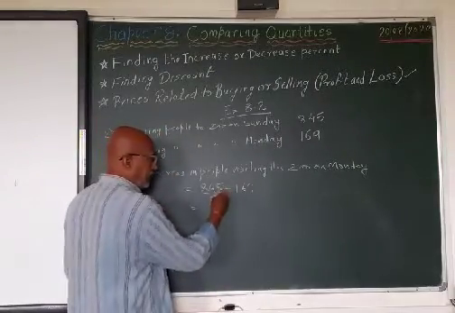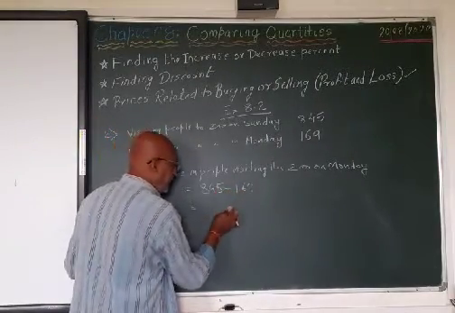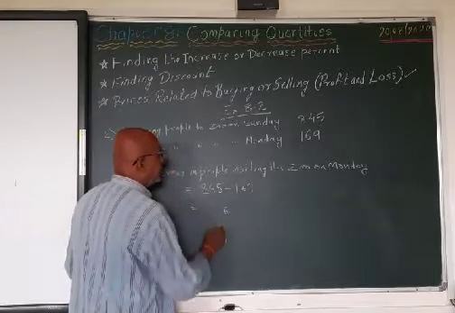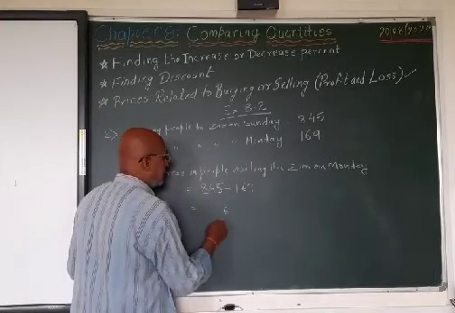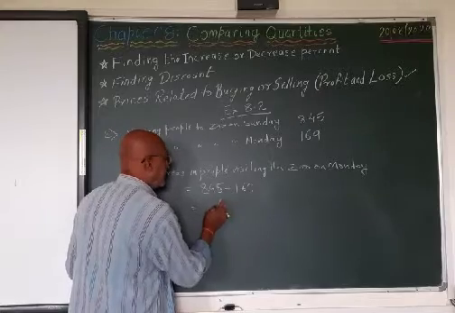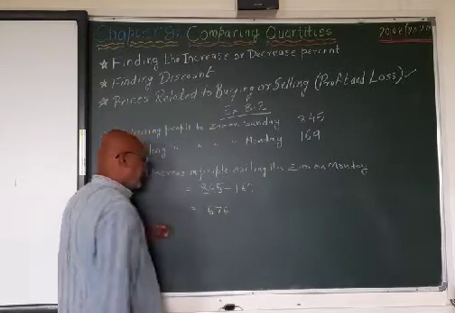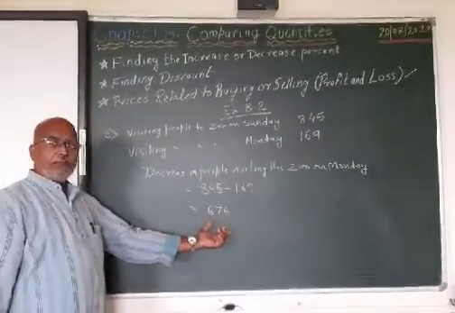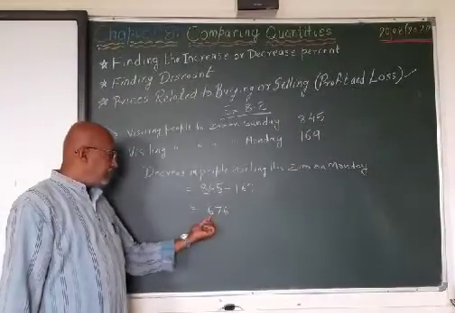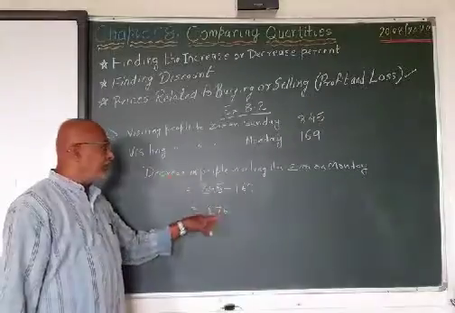So what does it come to? 15 minus 9 is 6. 13 minus 6 is 7, and 7 minus 1 is 6. So how many fewer people visited on Monday? 676 compared to Sunday.